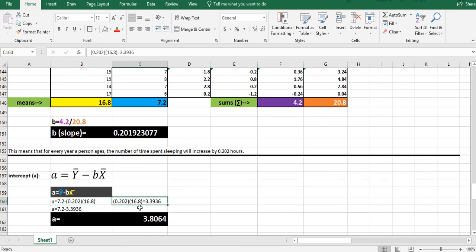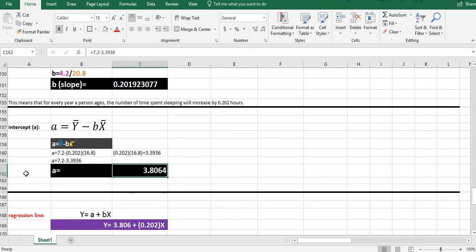So 0.202 times 16.8 equals 3.3936. And 7.2 minus 3.3936 comes out to 3.8064. And that's our intercept.